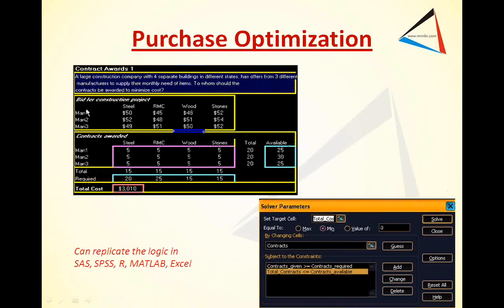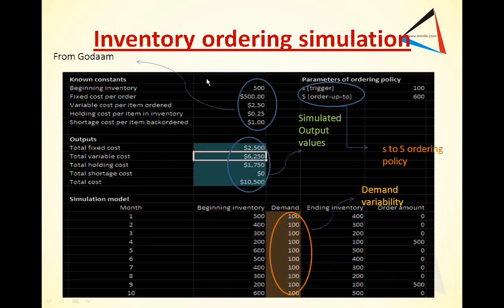My purchase cost optimization is I've got a manufacturer, I've got steel, RMC, and so forth. I need to optimize these purchase values. So my total required is greater than or equal to what is here, and what I get from the particular manufacturer is going to be less than or equal to what is available. So I need to minimize my total costs with the same.